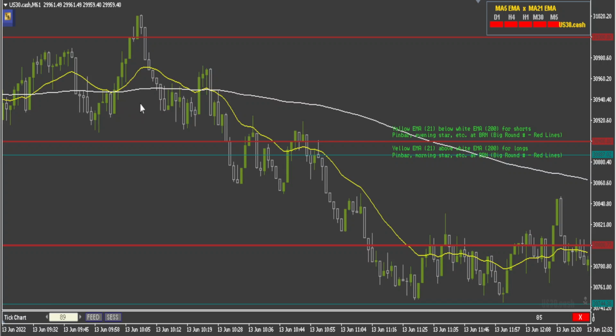It's almost parallel to these horizontal lines. This tells you that you are in a consolidation period, and you might want to stay out of the market. Then when it starts getting that angle to the downside again, kind of pointing down, you could start looking for short trades again.